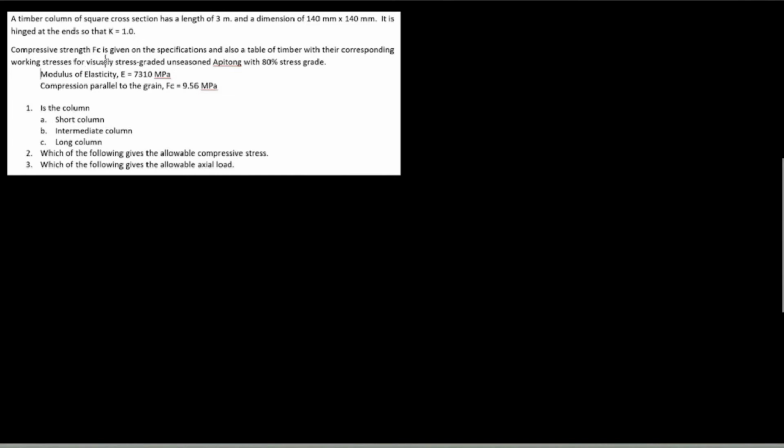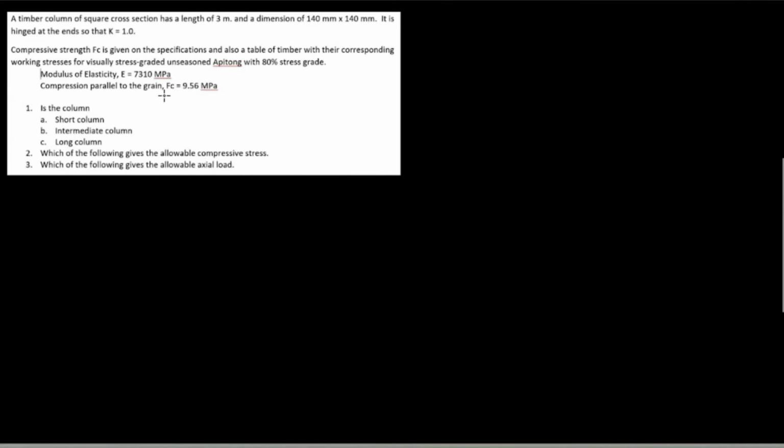Compressive strength F sub C is given on the specifications, and also a table of timber with their corresponding working stresses for visually stress graded unseasoned apitong with 80% stress grade. And the modulus of elasticity, or E, is equal to 7,310 megapascal, and this is for apitong.